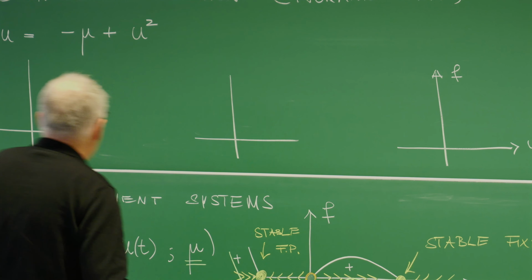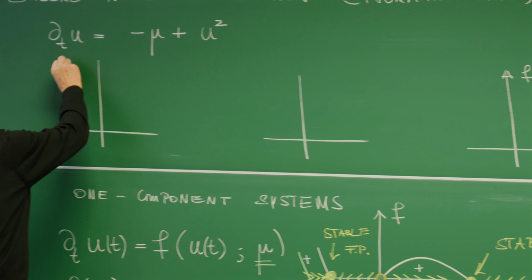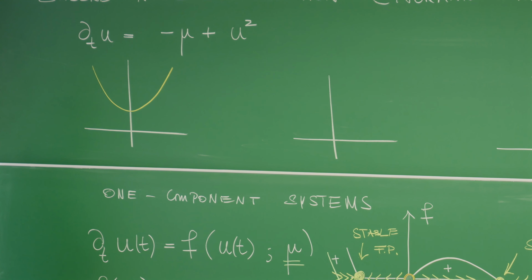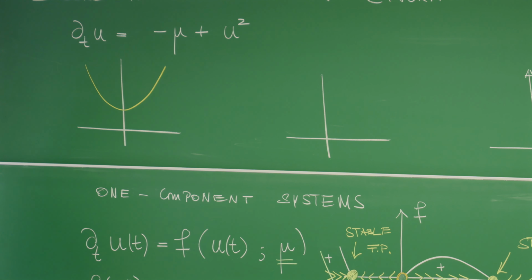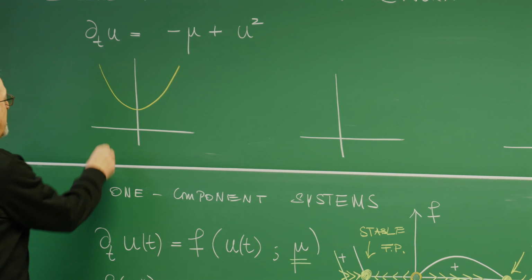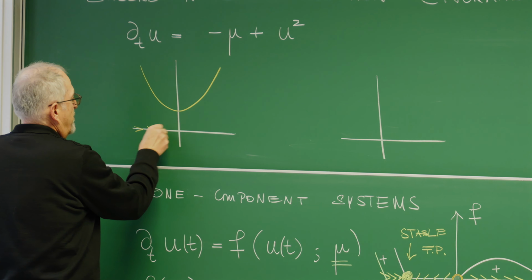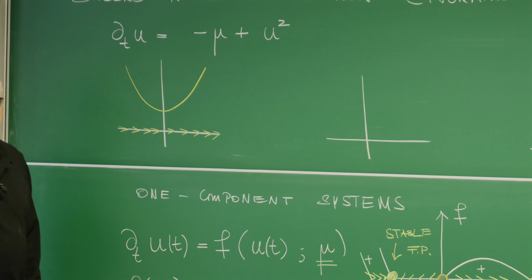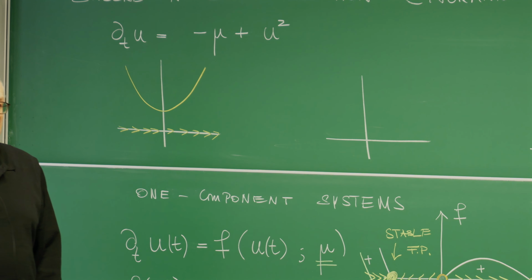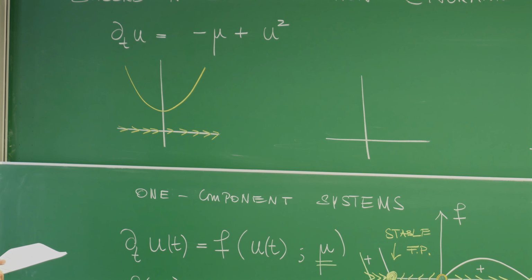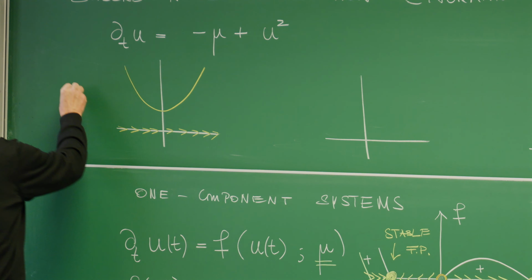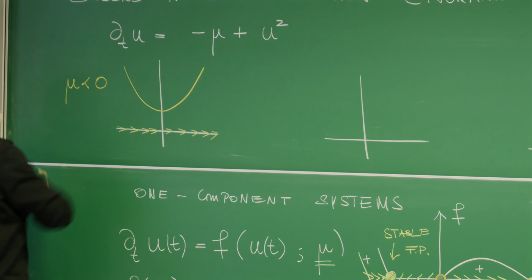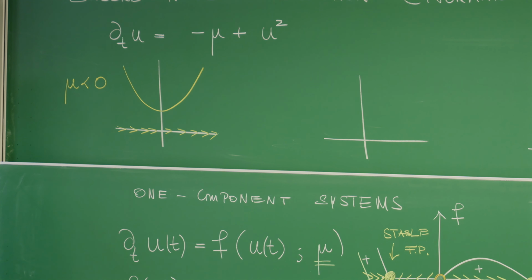I can have different forms. I can have my parabola just like so. Well, then all the function here is positive, and that means the flow here is just going all the way to the right, and the only really fixed point is infinity. That is for mu being less than 0, so the abscissa being positive.